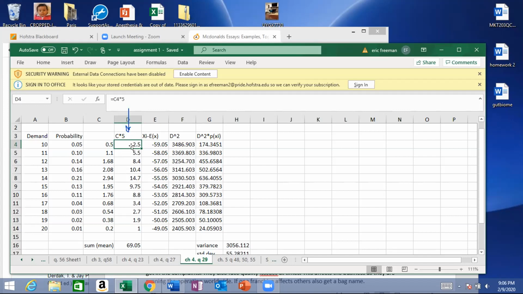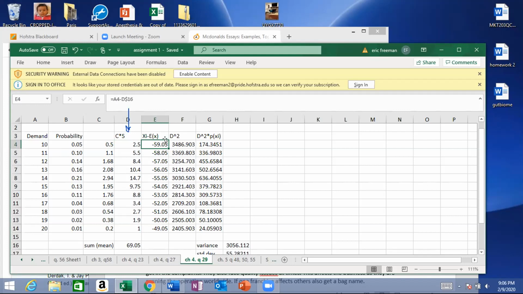So I sum this up. You got 69.05. And then over here I subtracted the demand by the sum. So 10 minus 69.05. Hold on a second. No, that's where you're wrong.